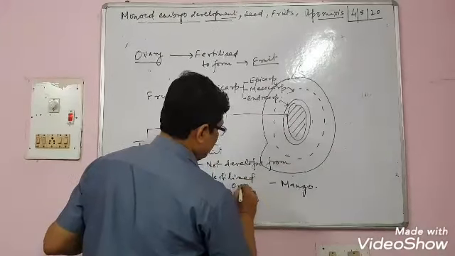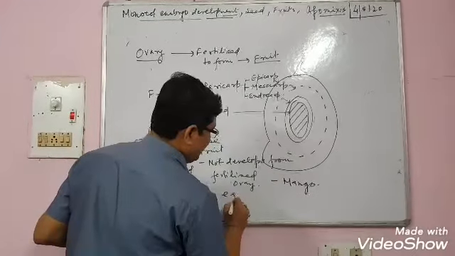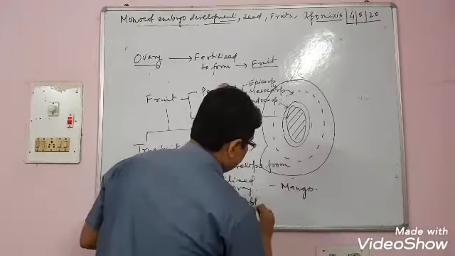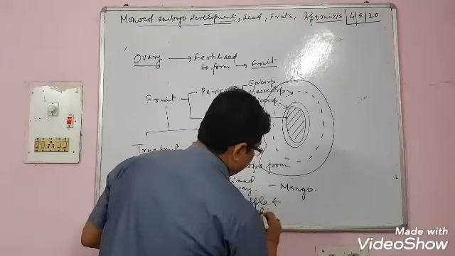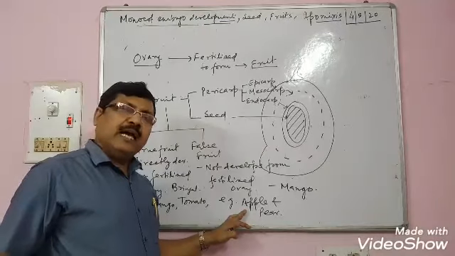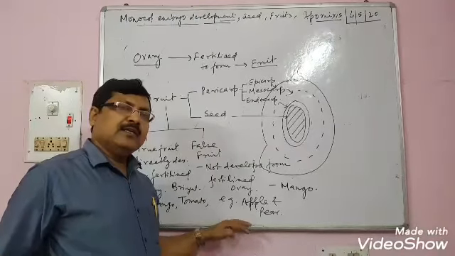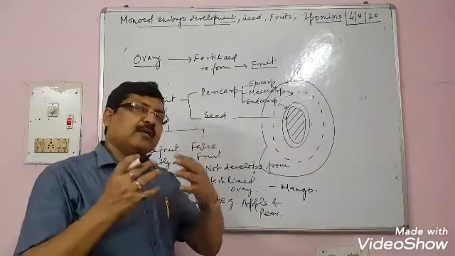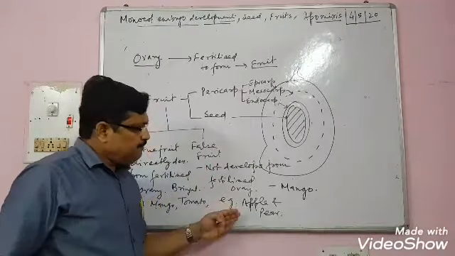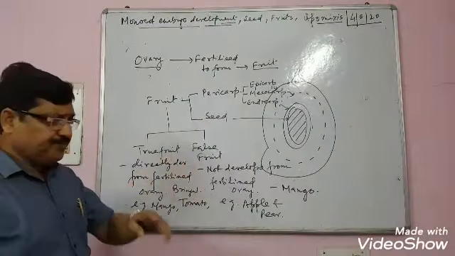For example, in the case of apple and pear, the edible part is the swollen, fleshy, juicy thalamus. So this is the false fruit.